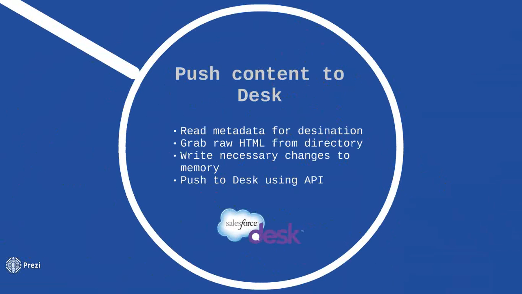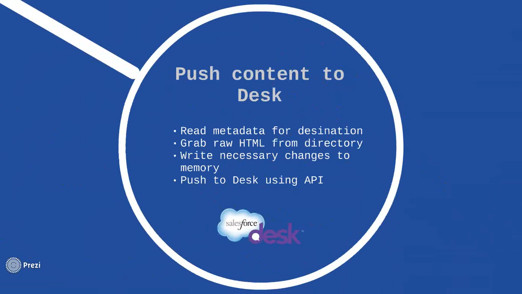If we published Article 1 again, say it gets updated and we need to push the update out, without the map file, that article would just get a new Desk URL. So we'd have two Article 1s living on our help website, one of which is out of date. So when we publish an article, the map file is always referenced to see if that article already exists in the map file.